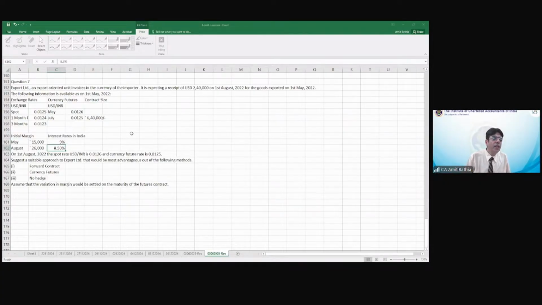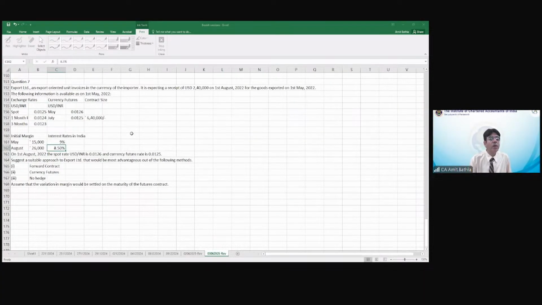Meaning, if you are going to buy an option or rather a loan for a period of 3 months, then you will have to pay 8.5% interest. If it is in the same month of May, then you will have to pay 9%. On 1st August 2022, the spot rate USD INR is 0.0126 and currency future rate is 0.0125.